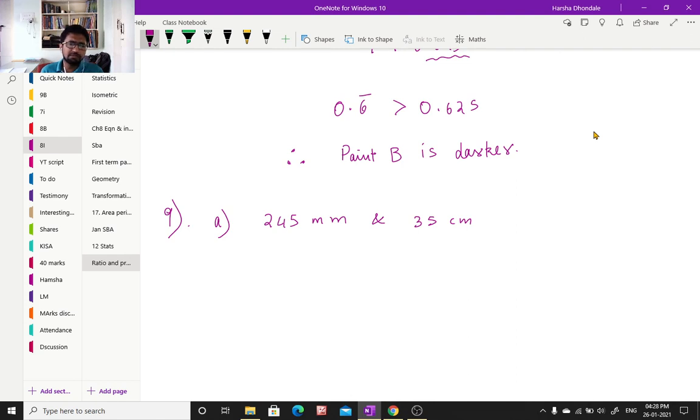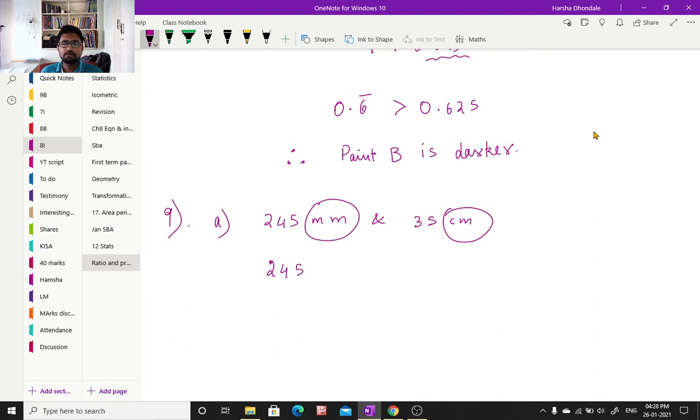When they say compare these quantities using a ratio, what he means is how much is to how much. That's what we are supposed to find out. And for you to be able to do that, you can't compare two quantities if they are in different units. Here this is in millimeter and this is in centimeter. You can't compare, so you have to convert both of them to the same units.